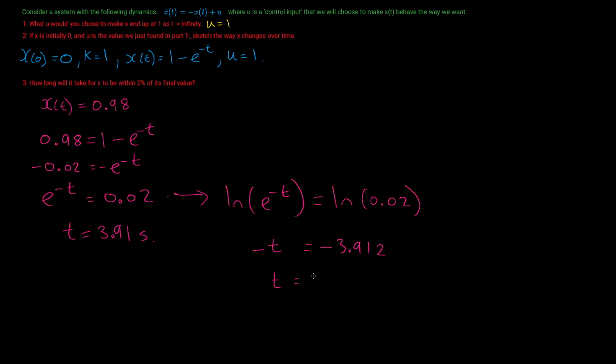So t is equal to 3.912, which is our 3.91 seconds. And there we go. Figuring this out, calculator, your best friend. And that's the full solution to the problem.